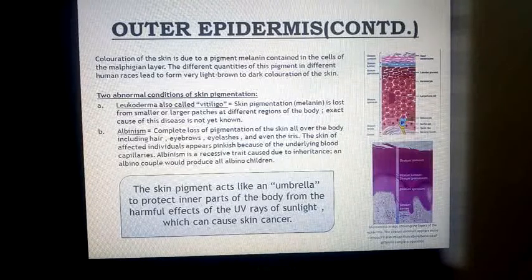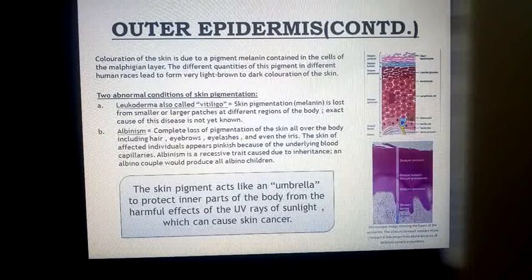First one is leukoderma, also called vitiligo. You might have seen people completely pink, or sometimes here and there, patches, white color patches. So there are 2 things, completely pink and having some white patches. These 2 are the diseases caused due to skin pigmentation.